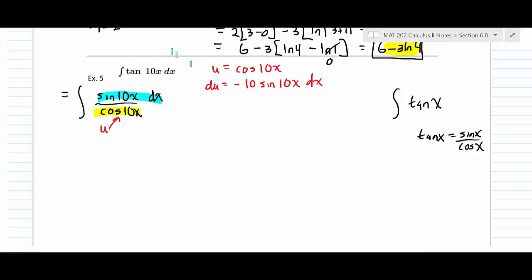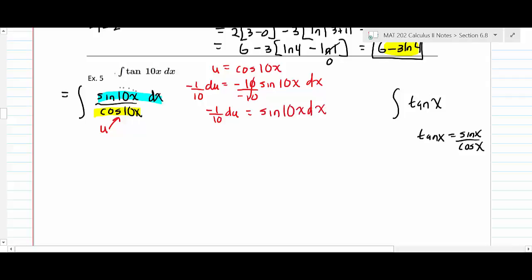So that means what I need to do is divide by negative 10, like this, just write that as negative 1/10. So you would have negative 1/10 du is equal to the numerator or the remaining portion of that integral like there. So that means this part needs to get replaced with negative 1/10 du like that, okay?